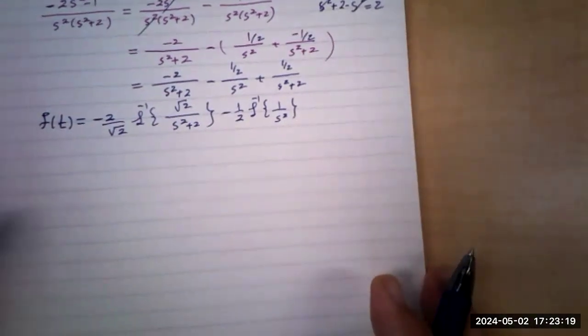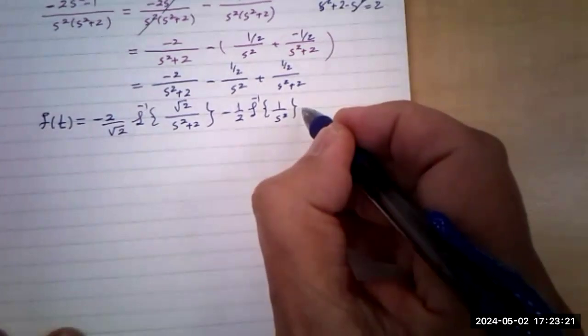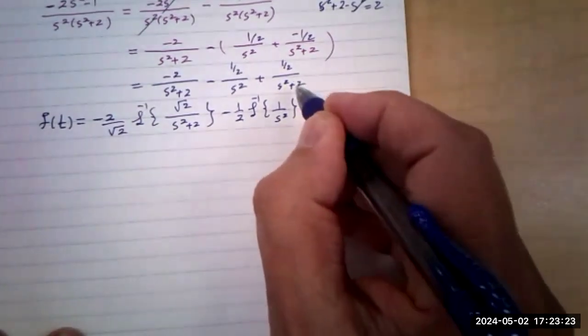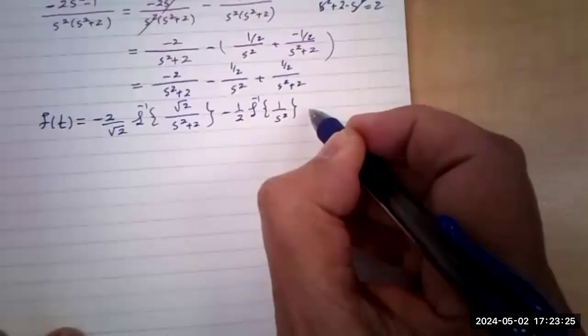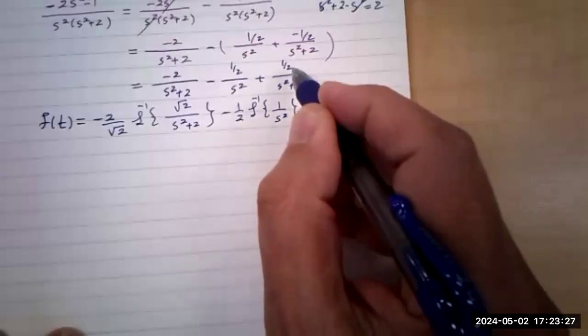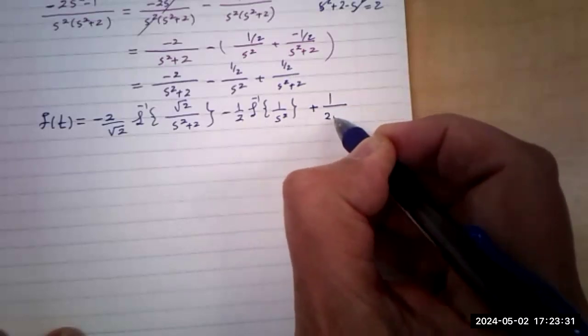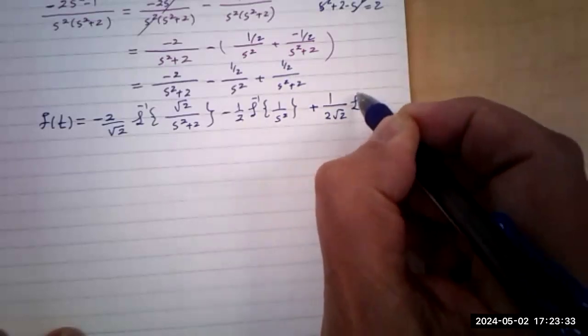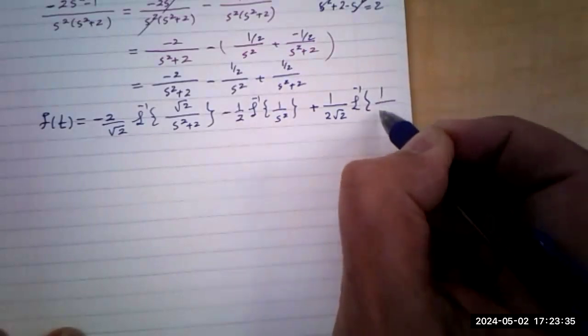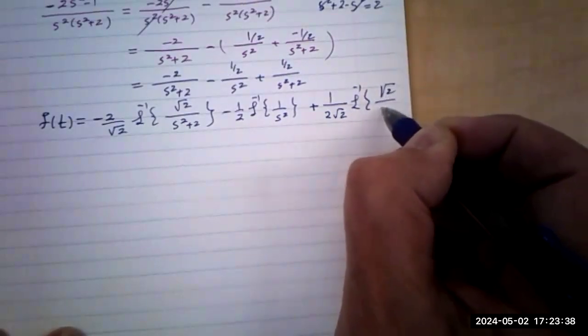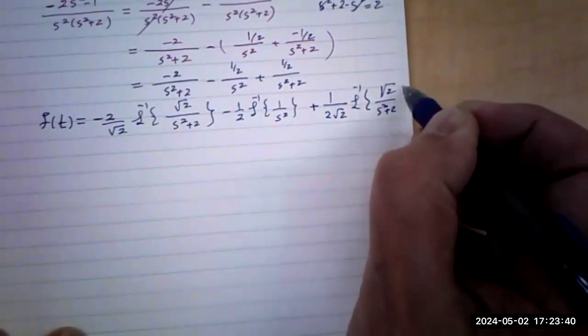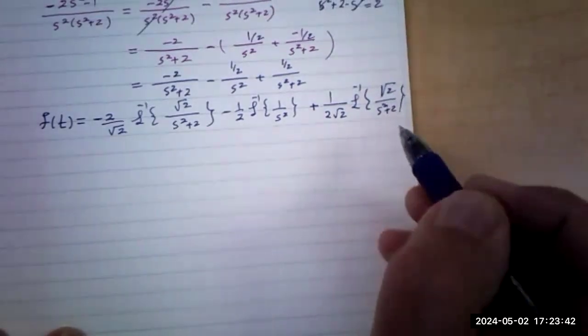The Laplace inverse of 1/s squared is t. And the last one is the same thing. So this is going to be a plus. You have the 1/2, but you need that radical 2. 1/2 radical 2 times the Laplace inverse of radical 2 over s squared plus 2. But we do it in practice right away.